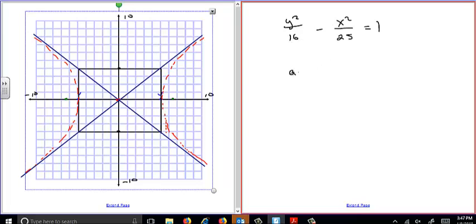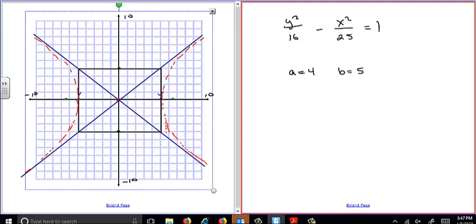Now in this case, a is 4 and b is 5. The a goes with the y distance, so I still go up 4 units in the y direction, down 4 units in the y direction, and I still go to the right 5 units in the x direction, 5 units in the other direction. So I still have the same rectangle.